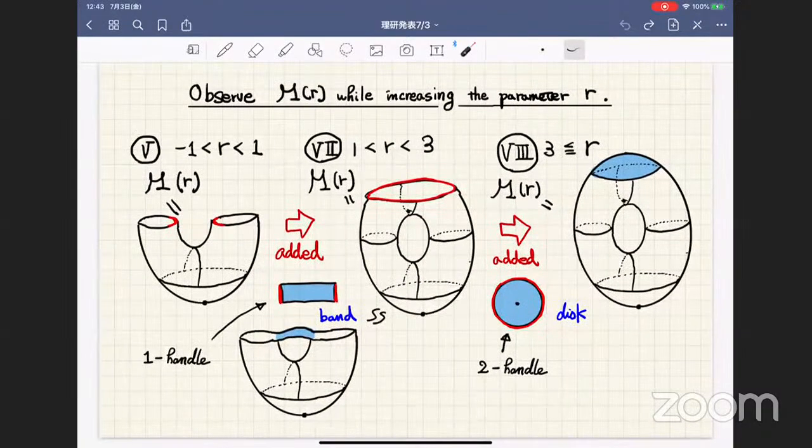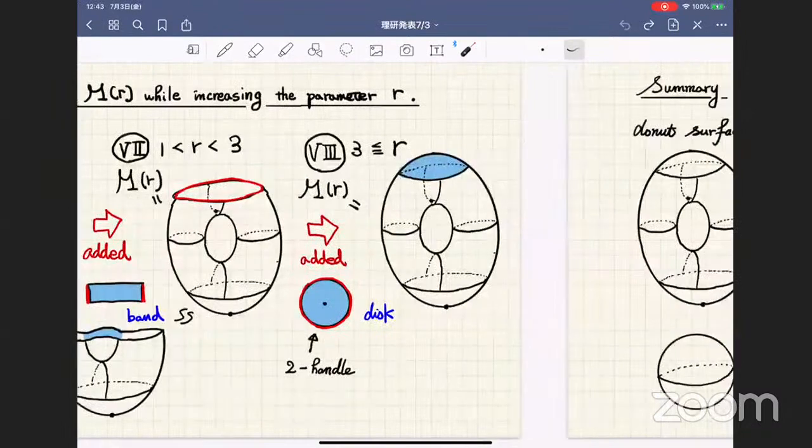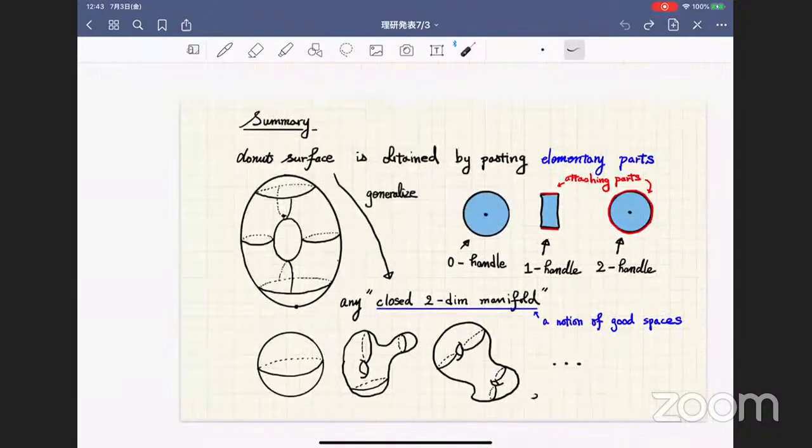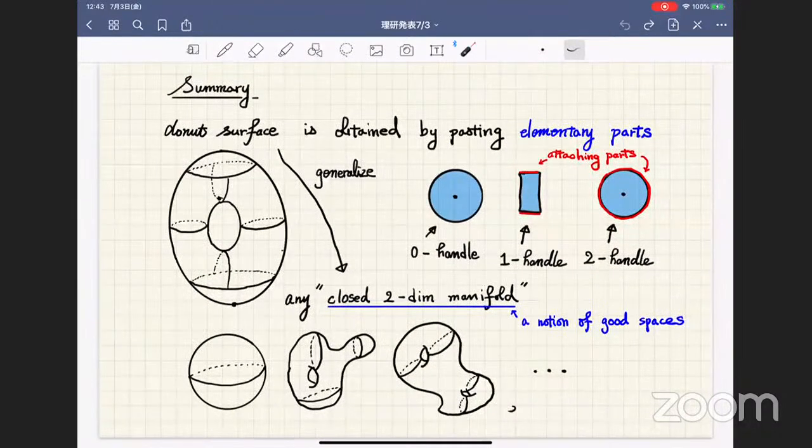Okay, so in summary, we can see that a donut surface is obtained by pasting these elementary parts, which are called 0-handle, 1-handle, and 2-handle. And the attaching region can be described as the red lines. So this is the main idea of Morse theory.